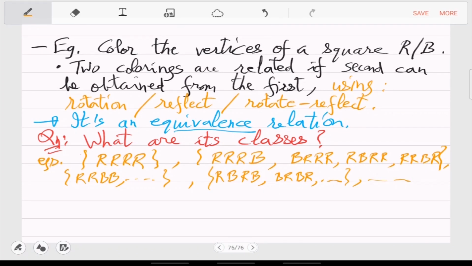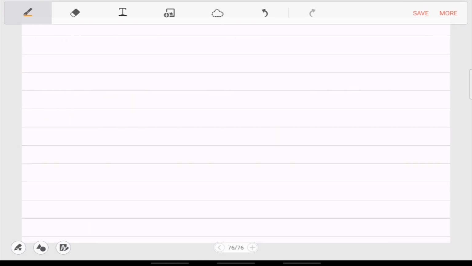So you can complete this and see what the classes are. The 16 possible colorings, you can see how they partition themselves into classes. How many classes are there, how big are they? And you can check the basic things, that they are disjoint, they cover everything, and so on. Okay, so we complete this, and now we come to partial order.